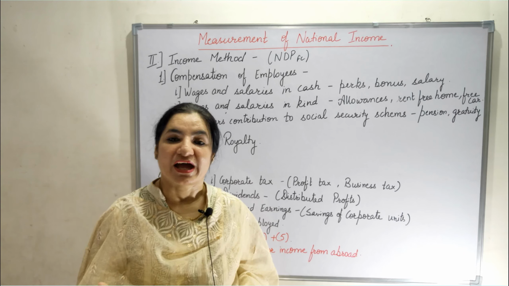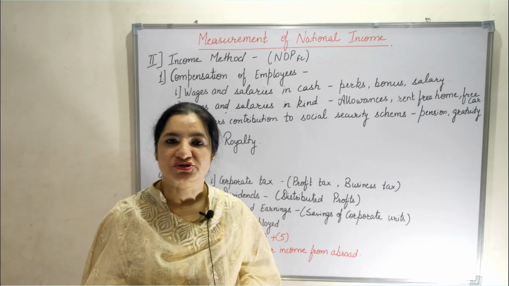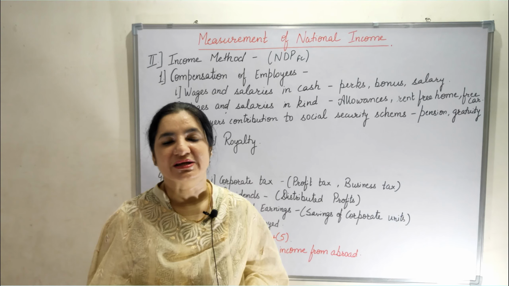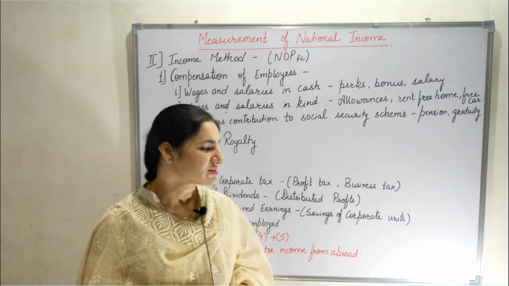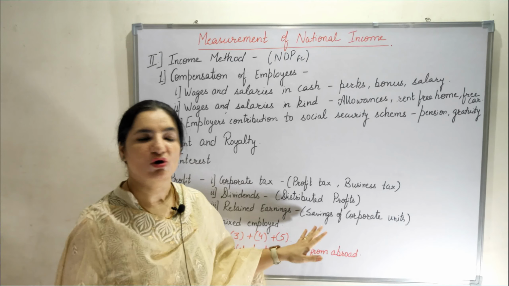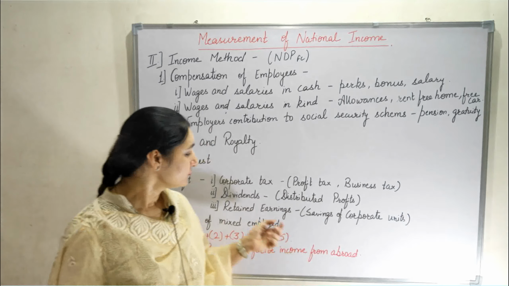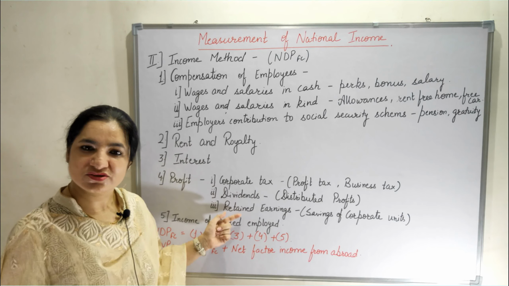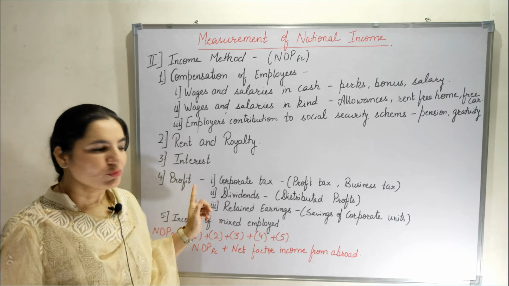If there is a plan for expansion or reconstruction, then some profit is retained and not distributed as dividend. This profit is called retained earnings, also called saving of the corporate sector or corporate units. When we add all these three items, we arrive at profit.